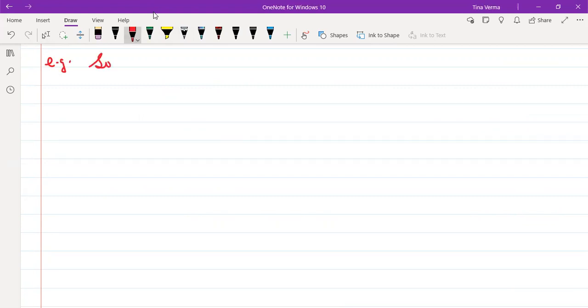So if you have to solve x is equal to tan of x in the interval 4 to 5 by fixed point iteration method.